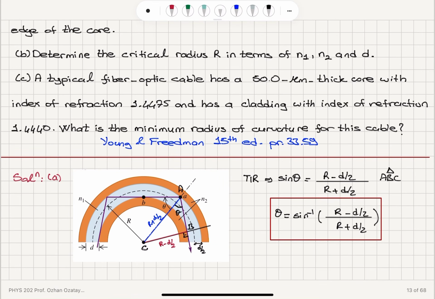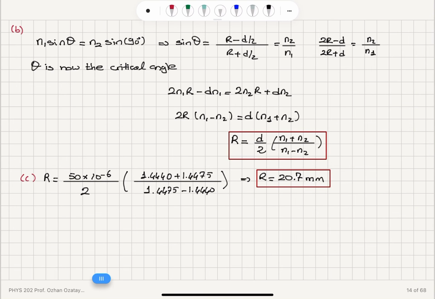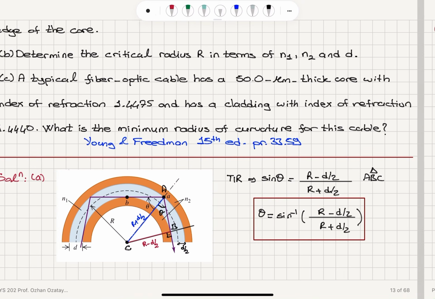We want to determine the critical radius R in terms of n1, n2, and d. Writing Snell's law at this interface, we have n1 sine theta equals n2 sine 90 for the critical angle of total internal reflection, and sine theta is R minus d over 2 over R plus d over 2.